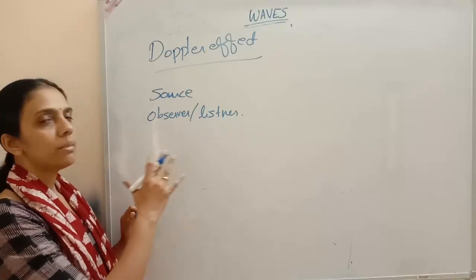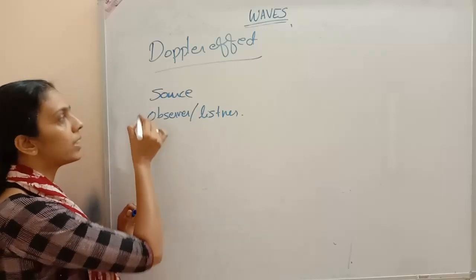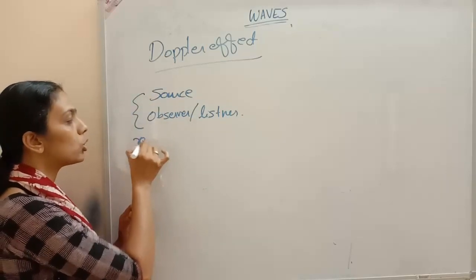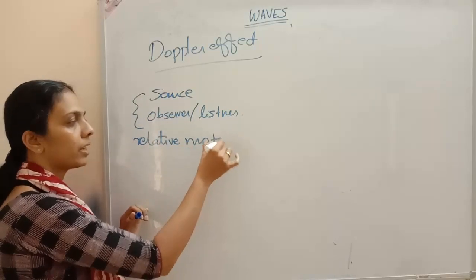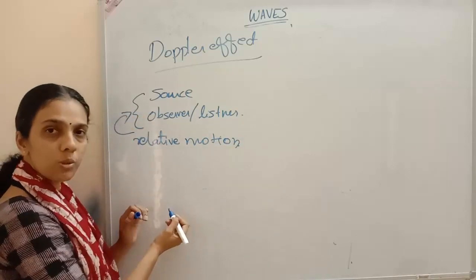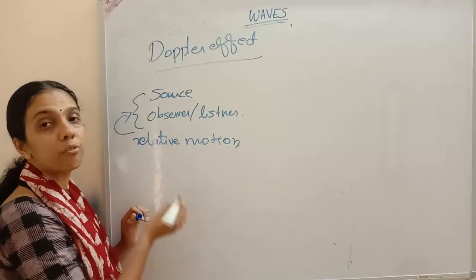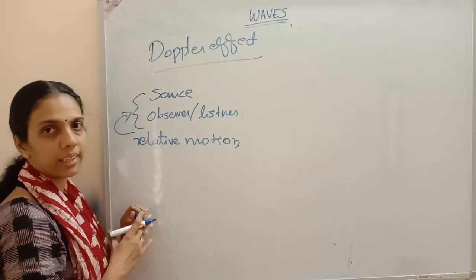Here there is a relative motion. If there is a relative motion between the source and the listener, then the frequency of the sound wave will be varying.